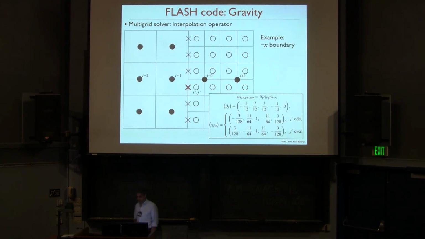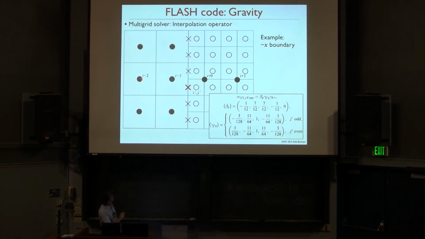Here's a little example where you can see how this interpolation works. If you have your solution on the coarse grid marked by the black dots, and you want to find the boundary value on the fine grid, the black dots are the values you take to average, and here are the associated weights.